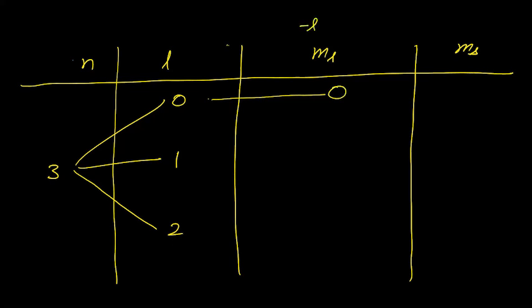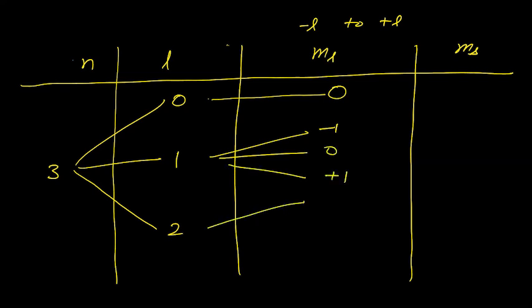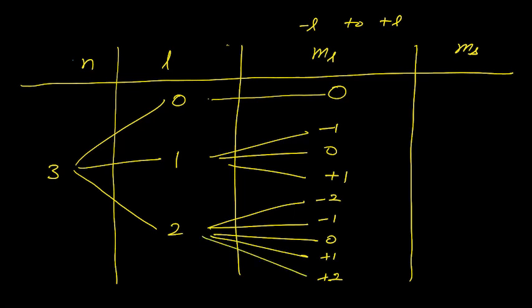Because it will be minus l to plus l, and for 0, minus l to plus l does not have any meaning. It will be 0 only. For 1, it will be minus 1 to plus 1. For 2, the orbitals will be minus 2, minus 1, 0, plus 1, plus 2.